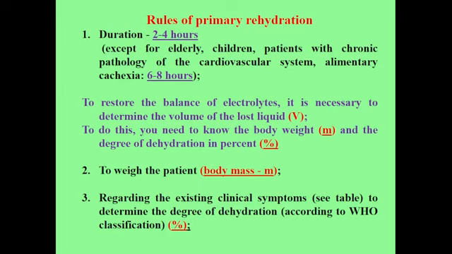To restore the balance of electrolytes, it is necessary to determine the volume of the lost fluid. To do this, you need to know the body weight and the degree of dehydration in the person. Weigh the patient, then determine the percentage of body mass lost according to the existing clinical symptoms, comparing with the previous table, the degree of dehydration according to WHO classification.